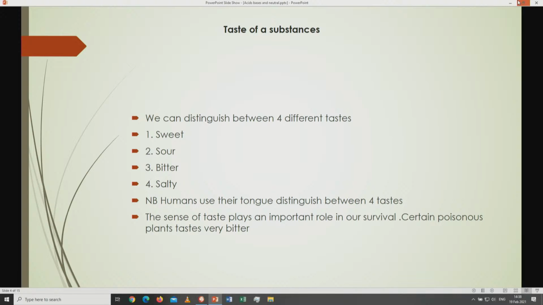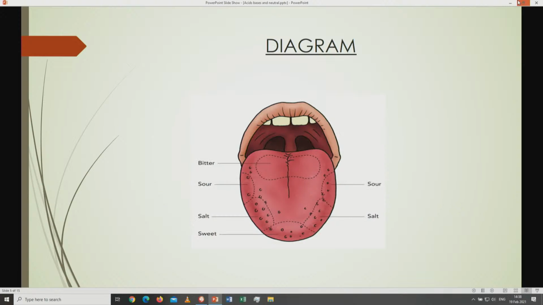Certain plants can be so poisonous. Also, I've shown you a diagram of a human tongue where the taste buds are, tasting the bitterness, the sourness, salty, and sweet ones.